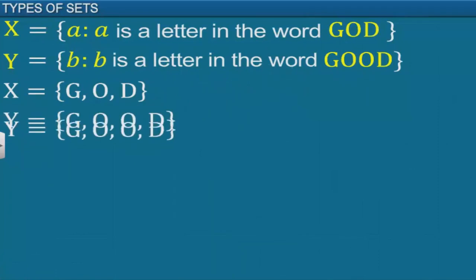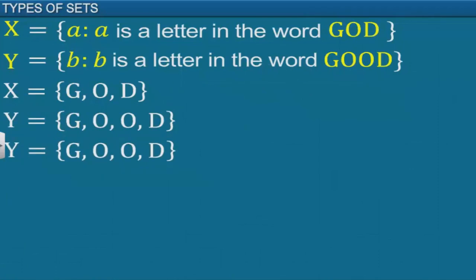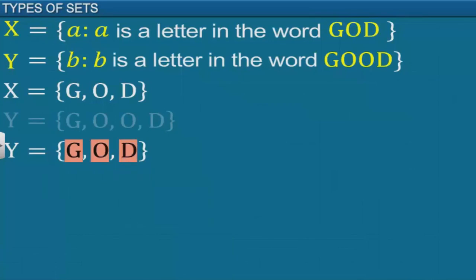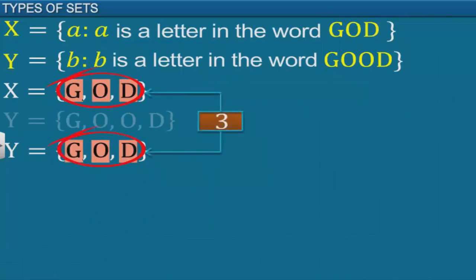Therefore, set Y consists of only the letters G, O, and D. If we compare sets X and Y, they have the same number of elements. Also, each element present in set X is also present in set Y. We can therefore say that sets X and Y are equal.